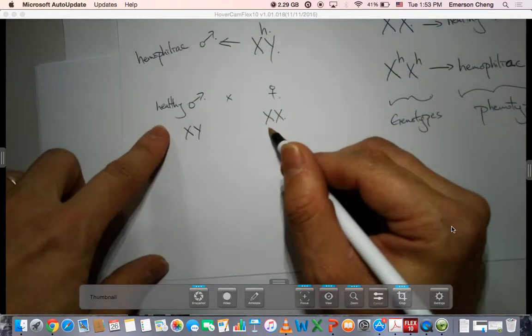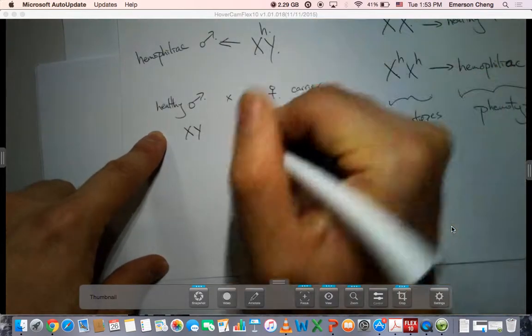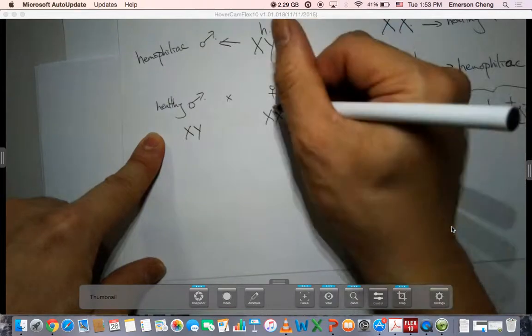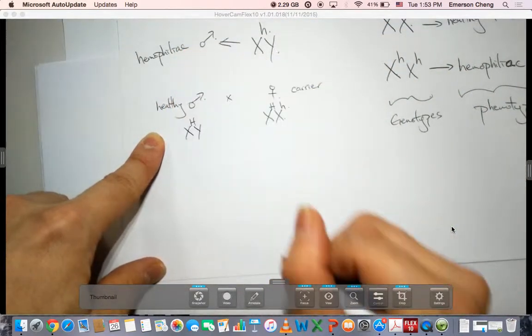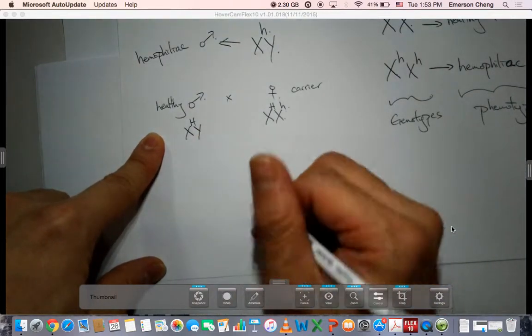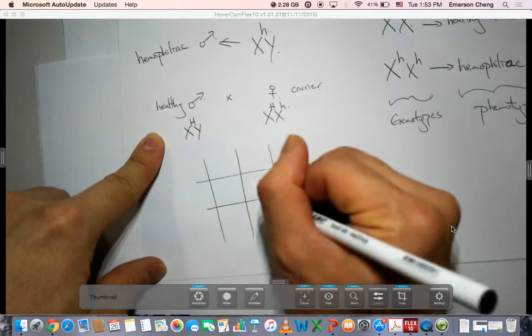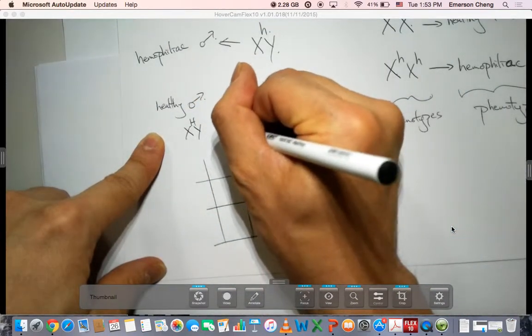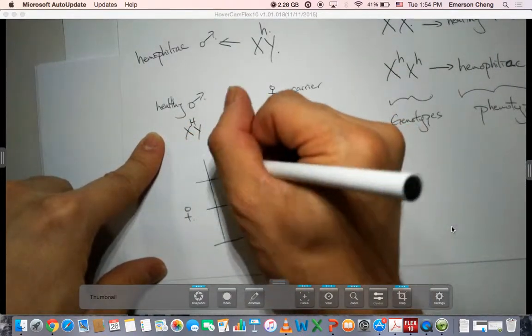You need to write out the genotypes: healthy male X^H Y, female carrier X^H X^h. Do a simple Punnett square, guys on top, mom on the side.